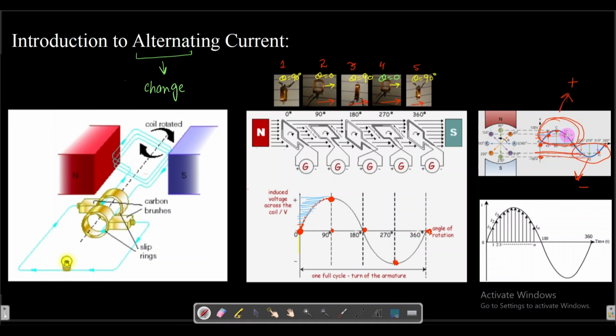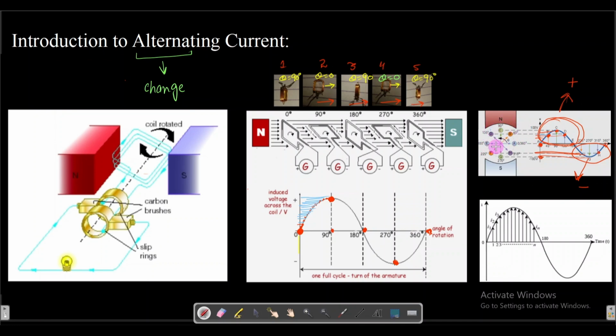In one cycle, the flipping of these poles occurs one time. So the change in the direction of the alternating current occurs due to the flipping of these terminals, and the change in magnitude of the alternating current occurs due to the change per degree rise.